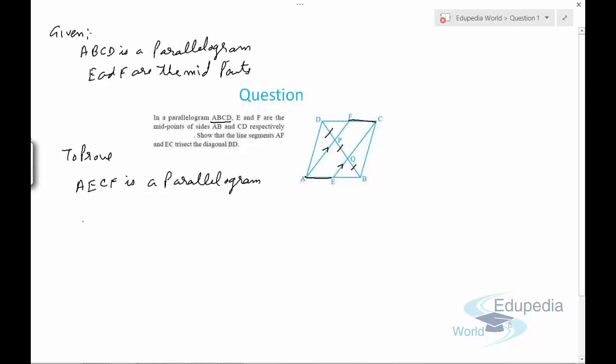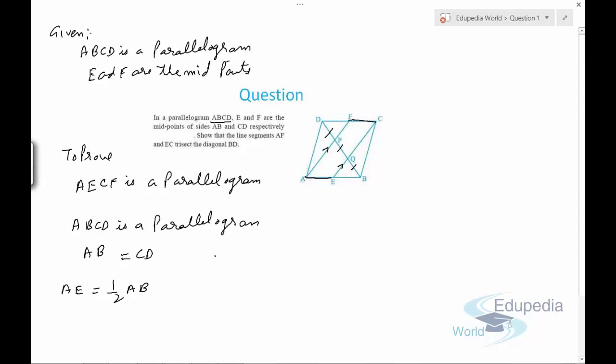Now since ABCD is a parallelogram and it's given that E and F are the midpoints, we can say that AB equals CD, and AE is half of AB since E is a midpoint.